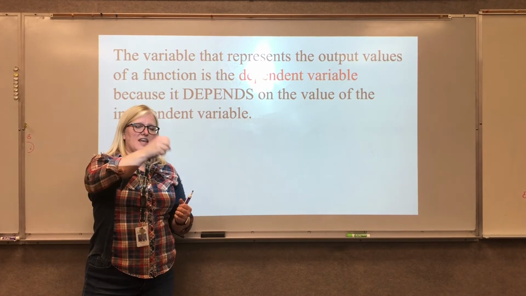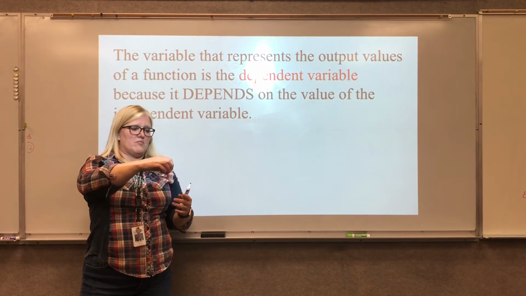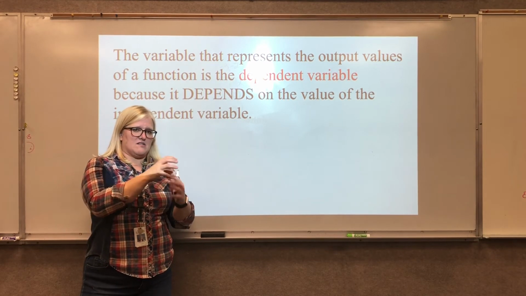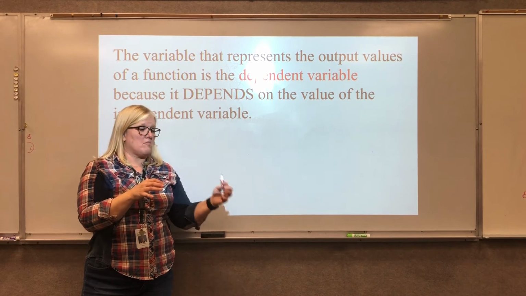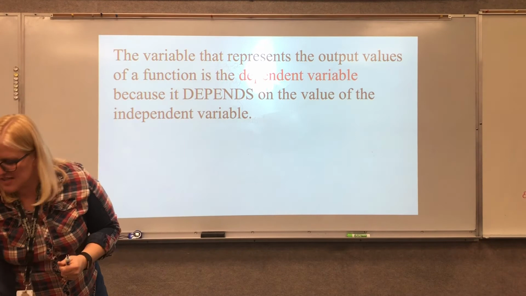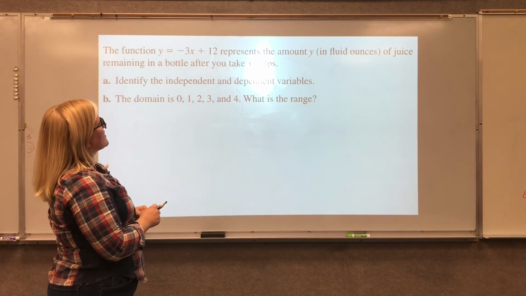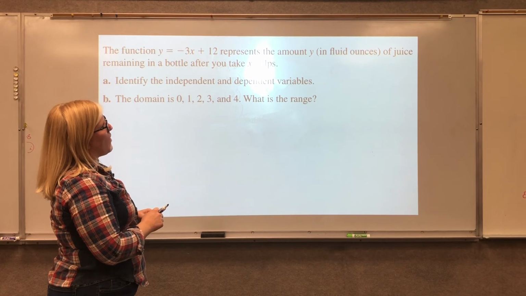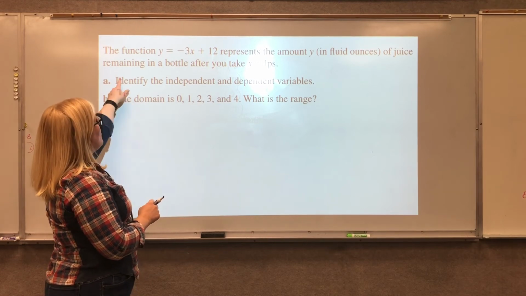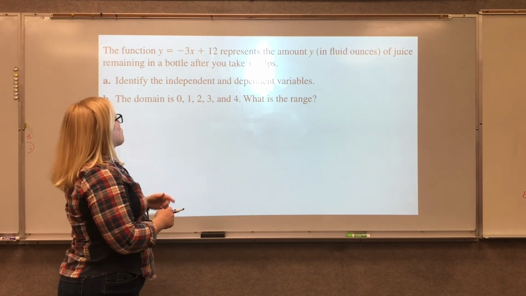So what I put in, I can put whatever I want in, and that is going to be, like I said, transformed and something's going to come out. But what comes out is dependent on what is put in. So here's an example. The function y equals negative 3x plus 12 represents the amount y in fluid ounces of juice remaining in a bottle after you take x gulps.